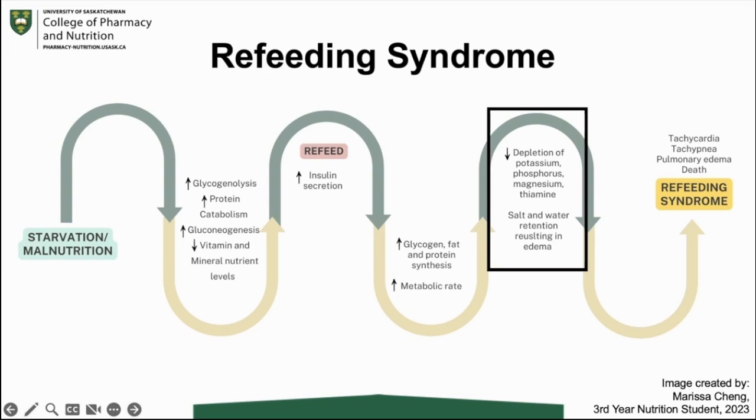Insulin stimulates the absorption of potassium into the cells through the sodium-potassium ATPase symporter, which also transports glucose into the cells. Magnesium and phosphate are also taken up into the cells. Water follows by osmosis. These processes result in a decrease in the serum levels of phosphate, potassium, and magnesium, all of which are already depleted.